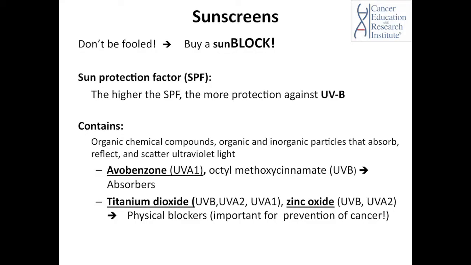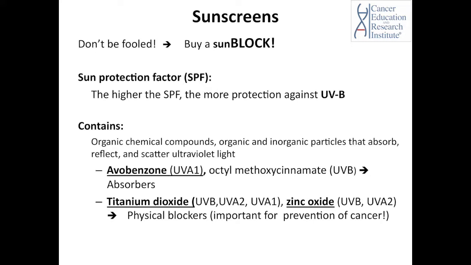This typical sun absorber of UVA is avobenzone. You can find this ingredient in many sunscreens. Avobenzone is a protector for UVA. However, titanium dioxide and zinc oxide are the ones that actually protect you from UVA and UVB.